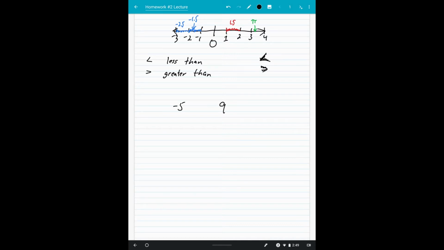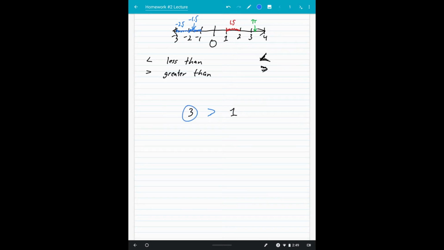Let me erase these real quick and keep a basic example. If I have the numbers 3 and 1, we know that 3 is larger than 1, so what we put between them is a greater than symbol.